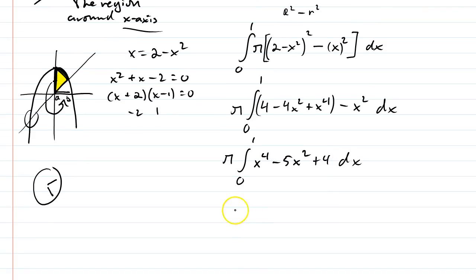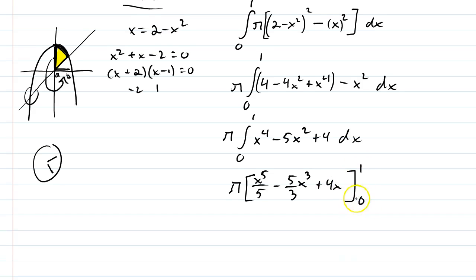Alright, this is really just the number crunching part. So we have a pi out front. I got an antiderivative. It's going to be x to the fifth over 5, minus 5x to the third divided by 3, and then plus 4x here. Now, if I put a 0 in, my result will be 0, and so I'm going to subtract a 0, which means I don't have to worry about it.